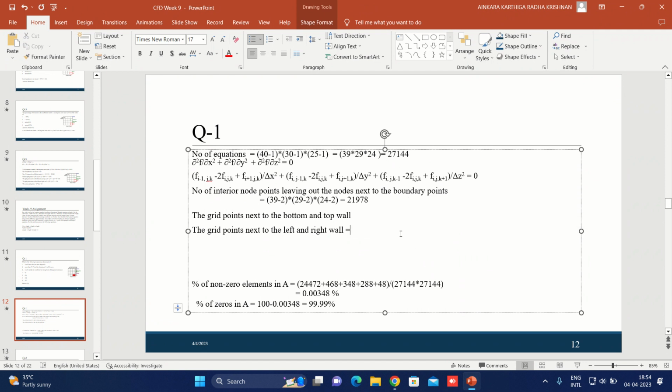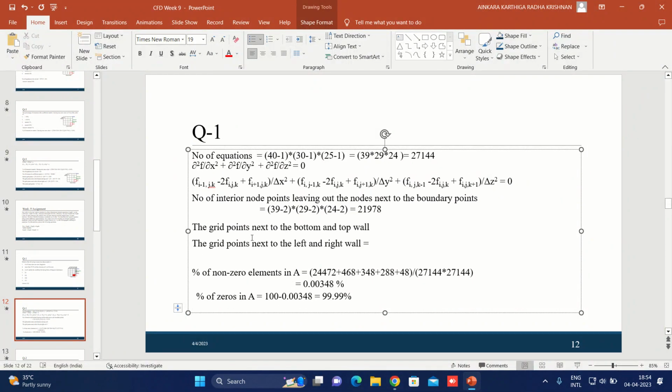Since this is a three-dimensional problem, we have the bottom and the top wall. Next to the bottom and the top wall, we should find the number of grid points or node points.